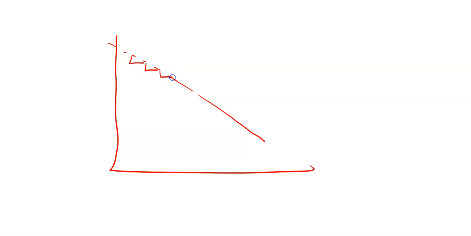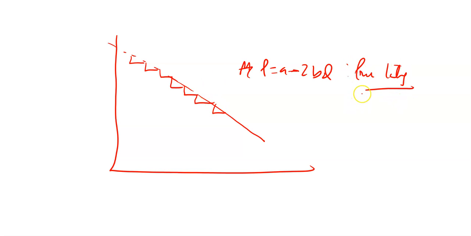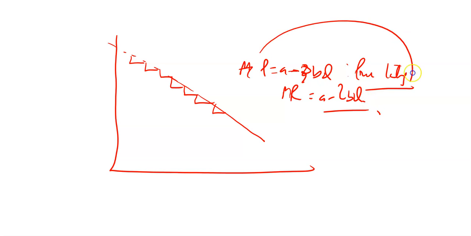This is your classic price taking model, which is why everything we're doing, P is equal to A minus 2BQ. If you can see, this minus shows that it's slanting downward. So this is very much a price taking curve. When I say price taking curve, this is a demand curve that's slanting because you have to accept a falling price. Marginal revenue is falling with every additional unit, which is, sorry, this was A minus BQ, this is A minus 2BQ. This is very much the model for a competitive market.